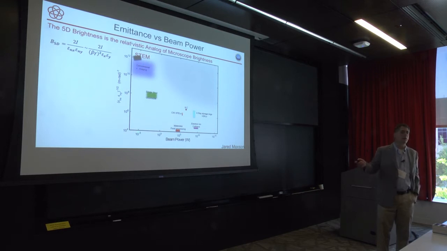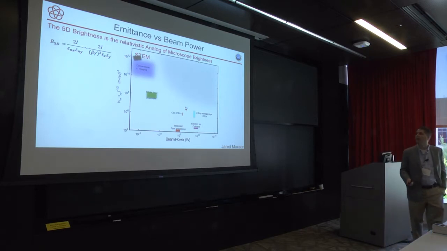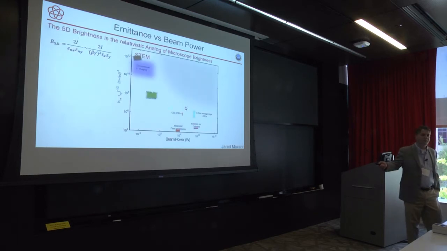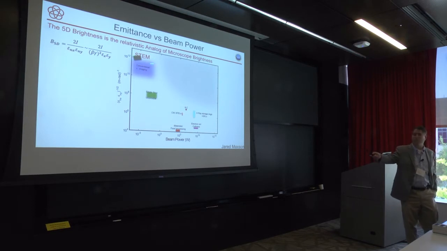I clearly want lower emittance, but I don't have to go over there in beam power. Unless I'm starting to worry about ultrafast, in which case I want to move this over there, and now I have a time-resolved source. I don't know if that's even possible, but if it is, then you go shut down all these free electron lasers.